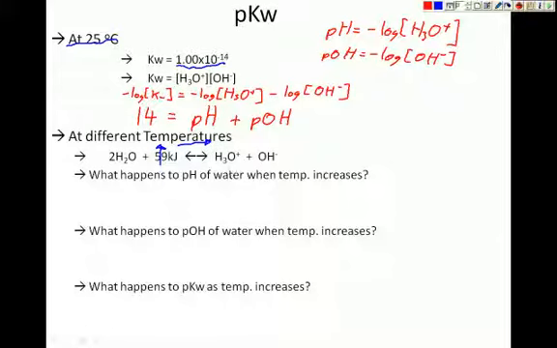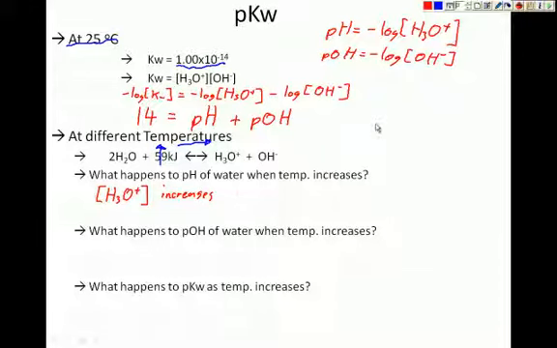And what happens to the pH? Well, the concentration of H3O plus increases. And if you remember, this is really the definition of an acid, what happens to the pH if this increases? Well, you remember the pH starts to decrease.